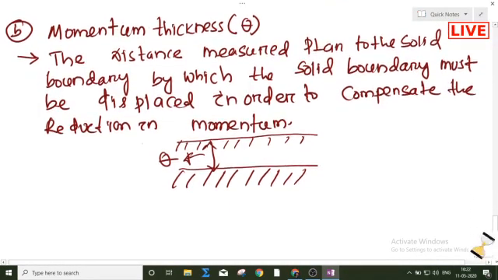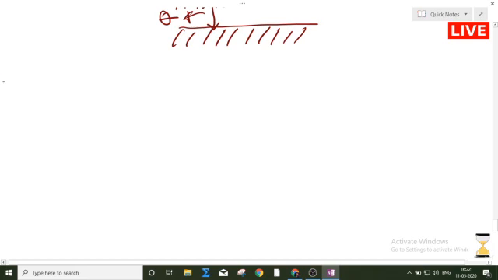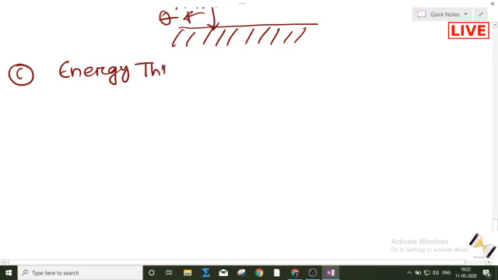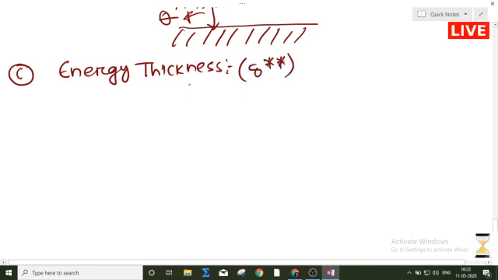Similarly, how do you define energy thickness? Energy thickness is represented by delta double star.